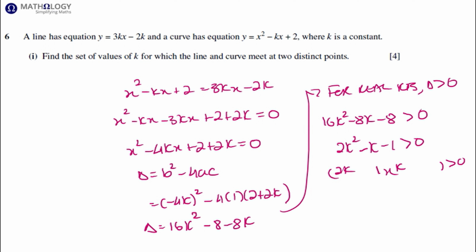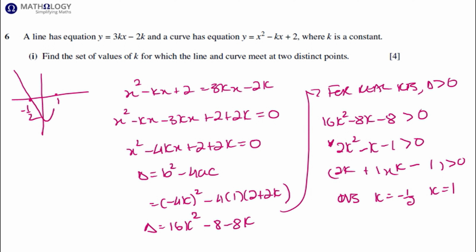2k and k, 1 and 1, plus 1 minus 1. So the critical values: k is minus a half, k equals 1. We could do this algebraically, but graphically might be easier, quicker. These critical values represent the x-intercepts of this corresponding quadratic function. So the x-intercepts are minus a half and 1.